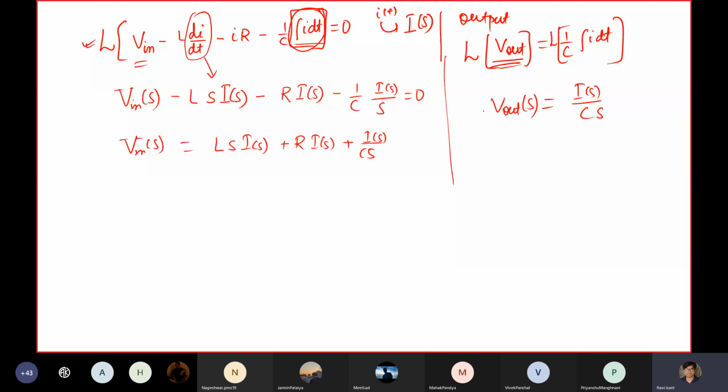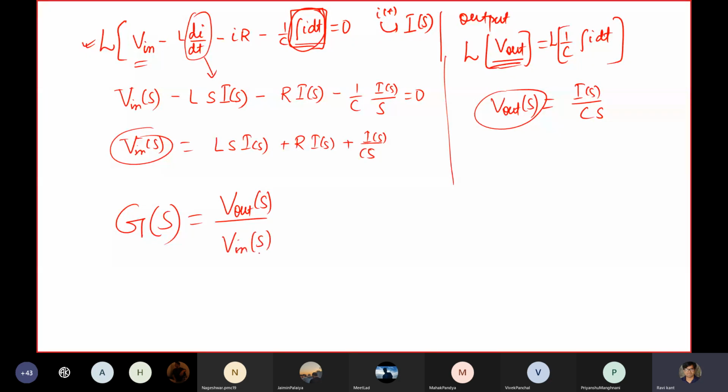Now what I will do, I will take output by input, that is my transfer function. So V out(s) by V in(s). Okay, I have all the information. See, that is the beauty of doing things.